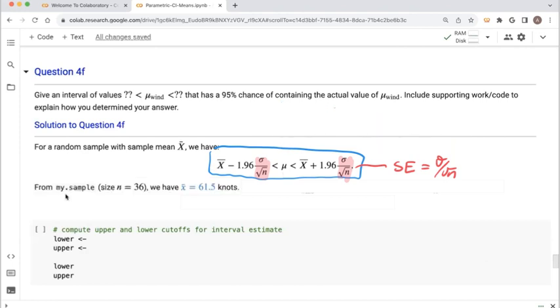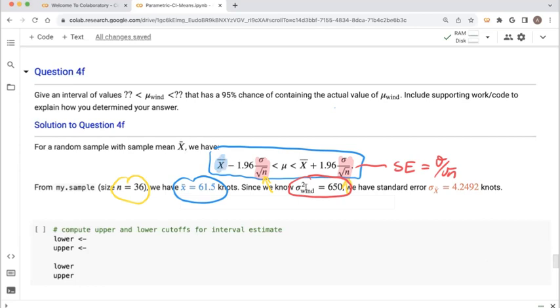So in this case, let's just recall what we know about our sample. It has size 36. It has a sample mean of 61.5 knots. We know that the variance of the population was 650. And from that, we just previously calculated that the standard error of the sampling distribution for the mean is therefore 4.2492.